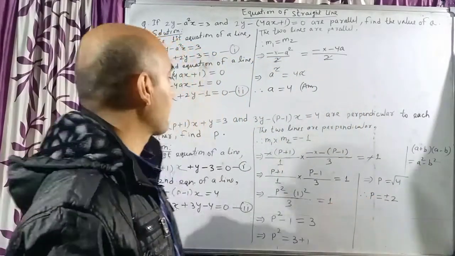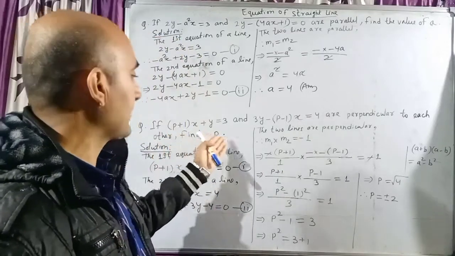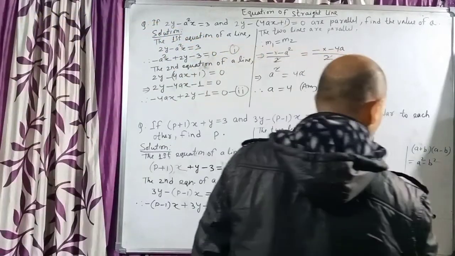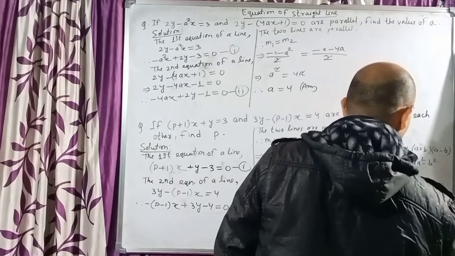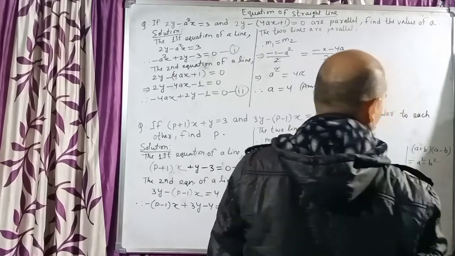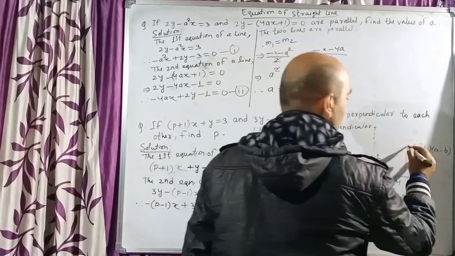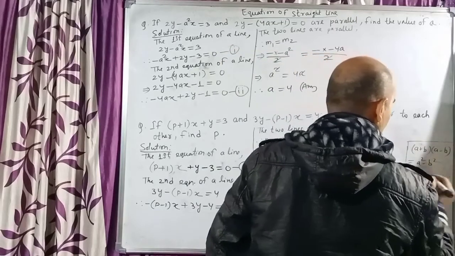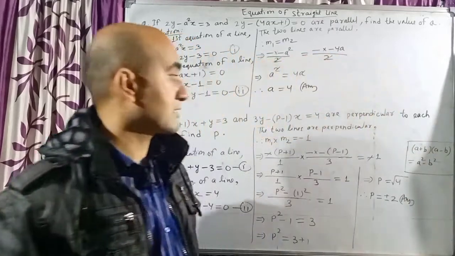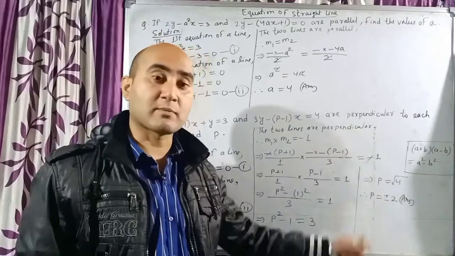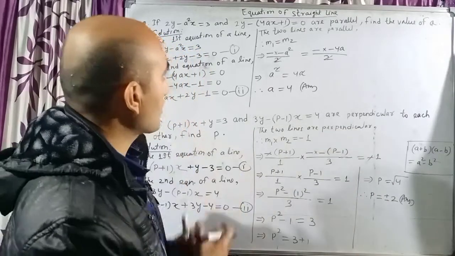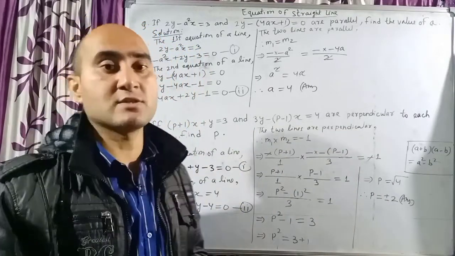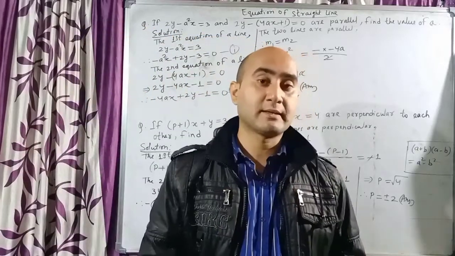So find the value of p. P is plus minus 2. This is our answer, children, and this is our formula of a plus b into a minus b, a square minus b square. Both the questions are very interesting and very easy as well, but concept should be there. Thank you children.